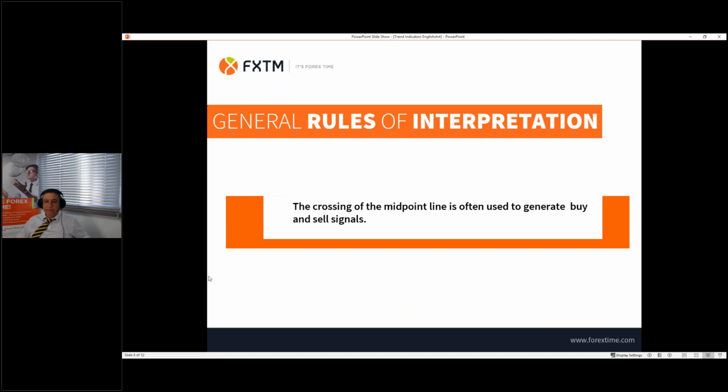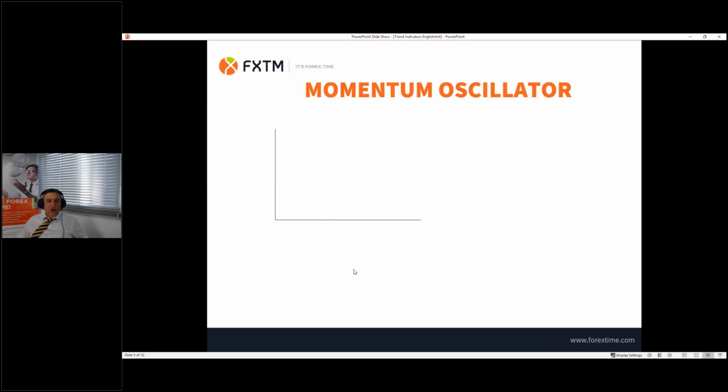All right, let's go on. Let me show you how a momentum oscillator is constructed. Let's imagine that this is a price chart. This price here corresponds to 20. Then we get another price falling to 18. Then we get another price at 16. Then 18 again, and then 20.